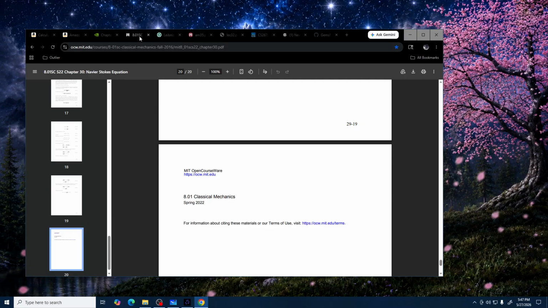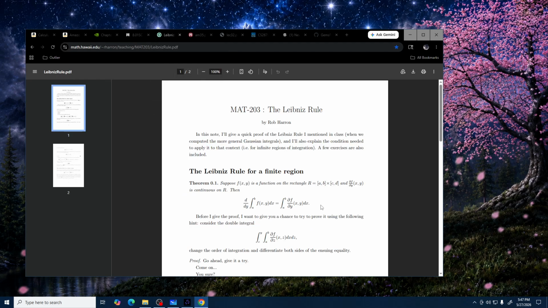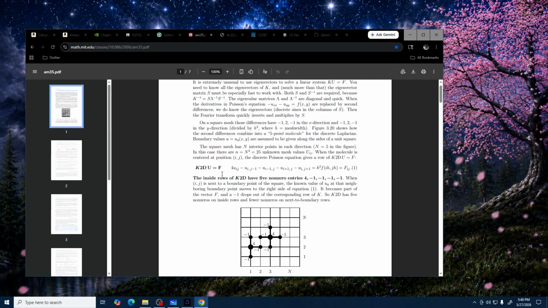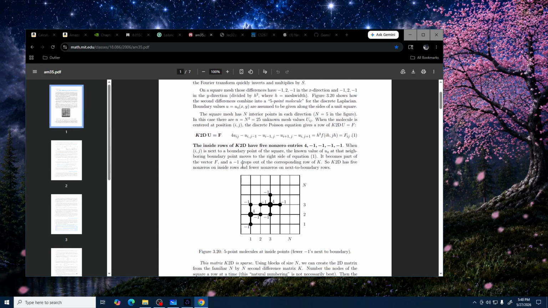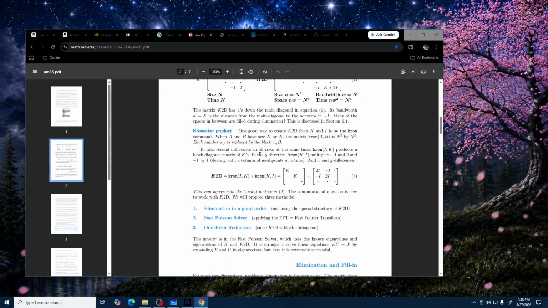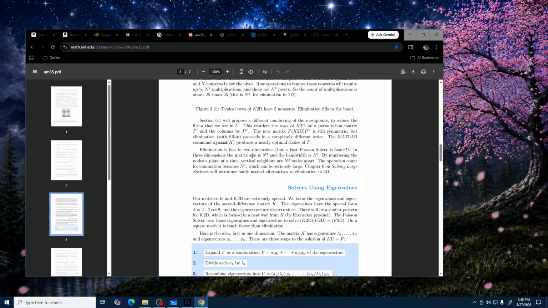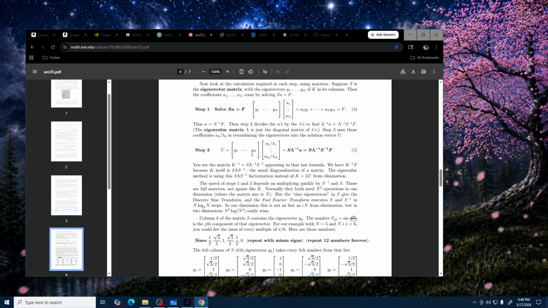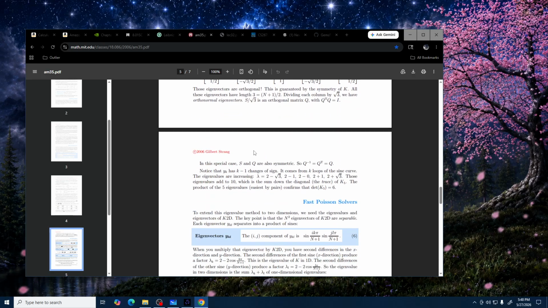Then, in addition, there are a number of other supporting documents that are optional. This is the document for going through the Leibniz Rule. And this is for the computation of the matrices that will be used later on to solve the Poisson equation.